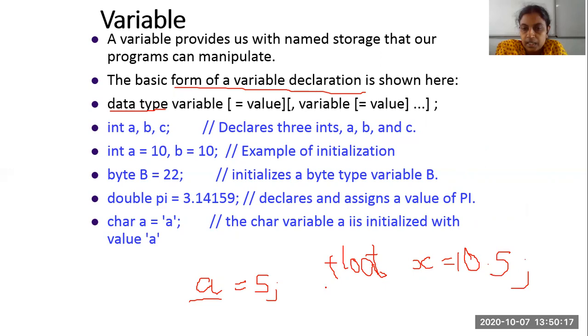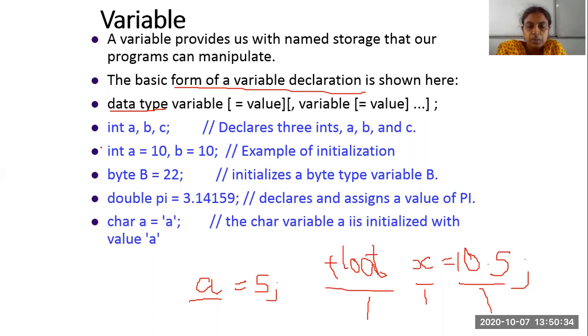So you tell me the syntax. First specify the data type, then the variable name. And if you want to give the value directly, use the equal to symbol, then specify the value. So this is the data type, this is the variable name, and this is the value. This is how we declare our variable.